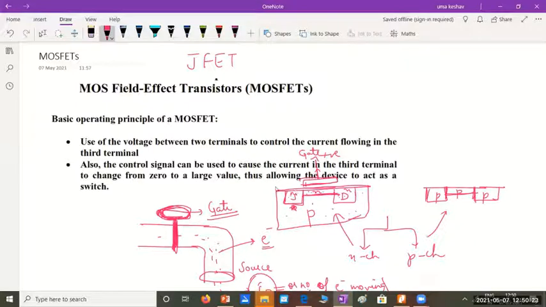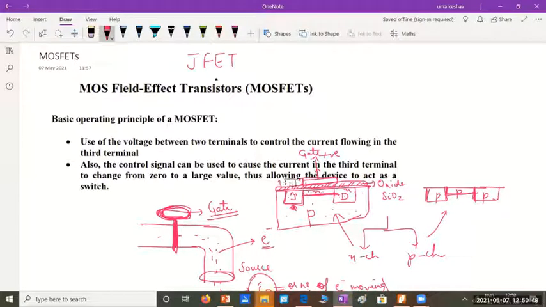And please remember, there is a layer. The gate is not directly connected to that. What layer do I have? Metal oxide layer. You have a metal oxide layer, or we call it the oxide layer, SiO2, silicon dioxide layer, which separates the gate and other terminals.